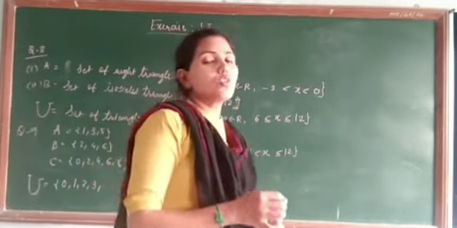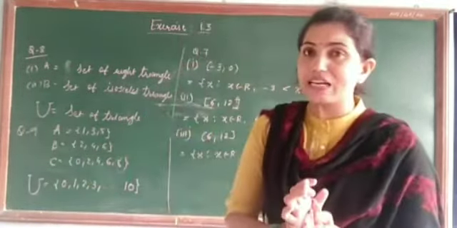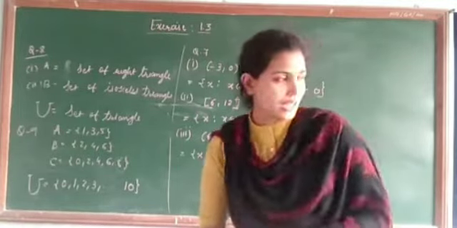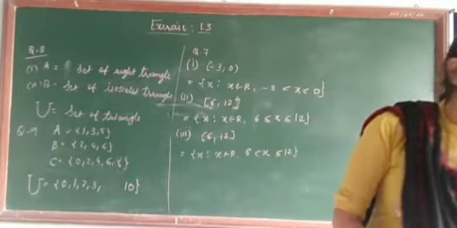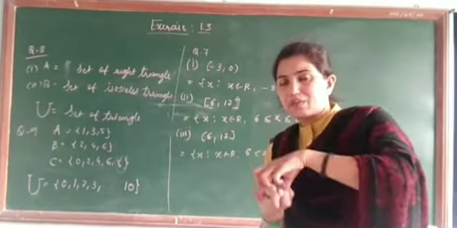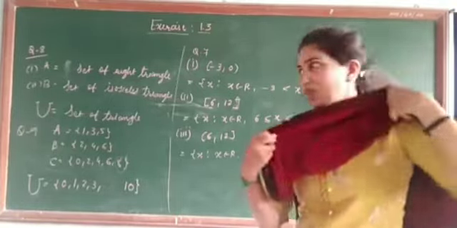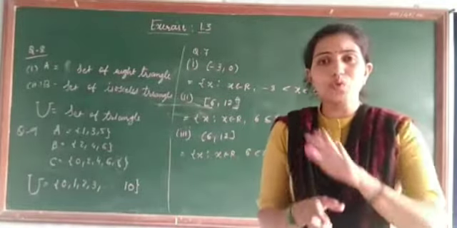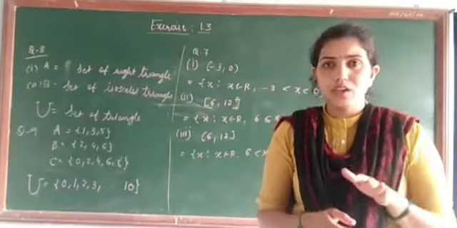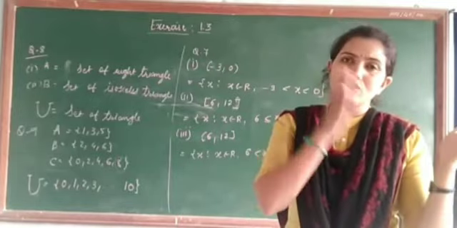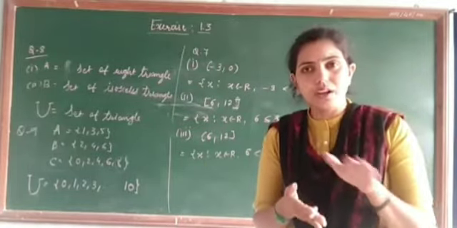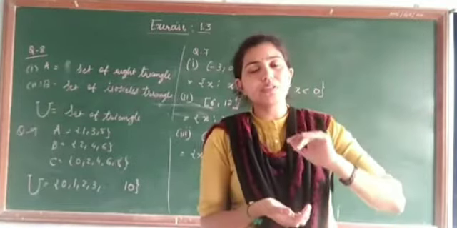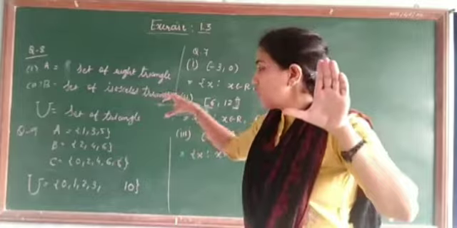Okay students, so you have to find the universal set with respect to the given sets. So keep in mind, whenever you consider a universal set, we have to consider a superset with respect to all the given sets. Maybe here if someone takes U equal to 1 to 50, then no worry, that is also a correct one. If one takes U equal to 1 to 100, then also it will be correct, there is no problem with that. But a universal set means the set which contains all these three.